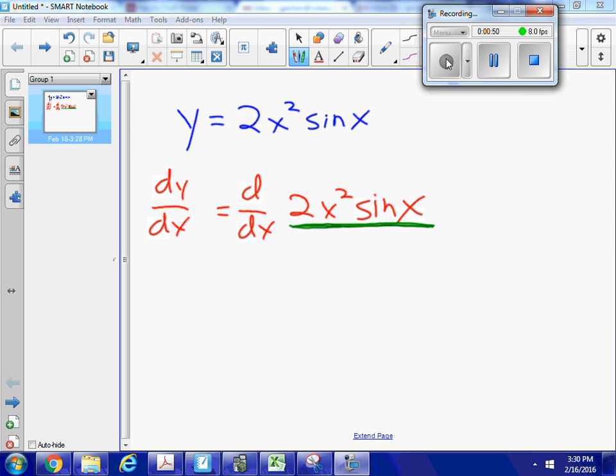What I have here is a product. I have 2 times x squared times sine x. And if I have a product like that, it would be u'vz plus uv'z plus uvz', and I'm just going to move the prime through each one.